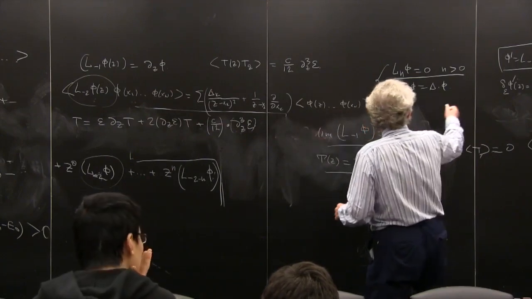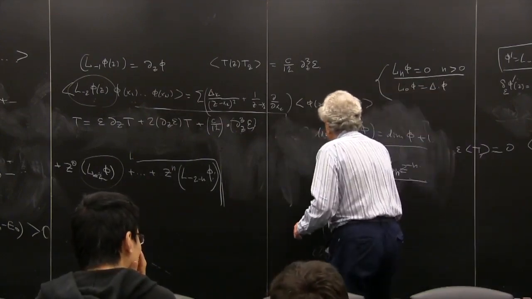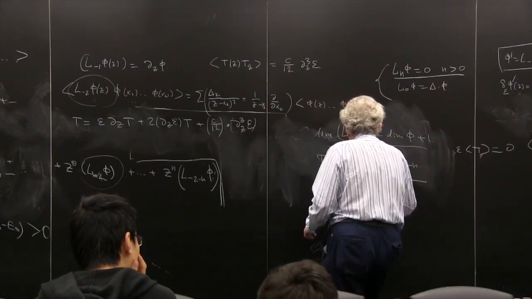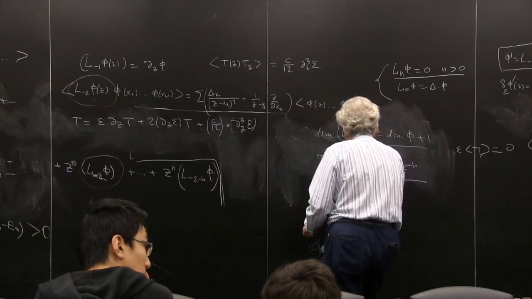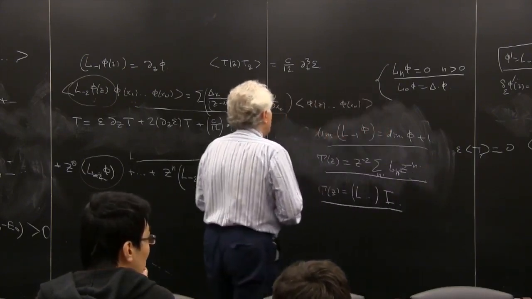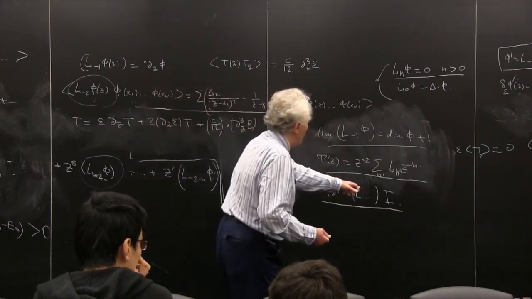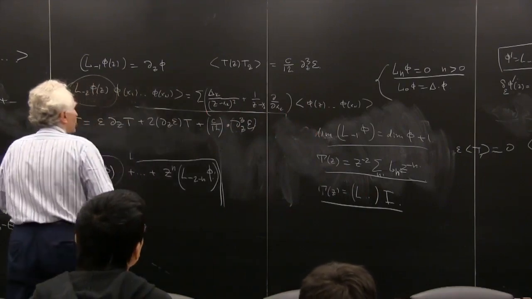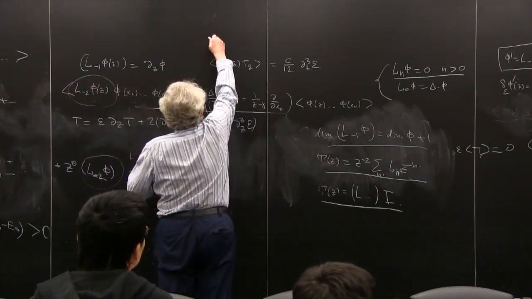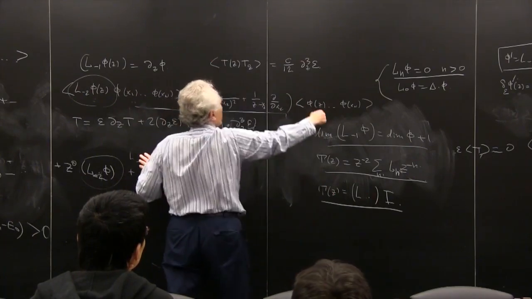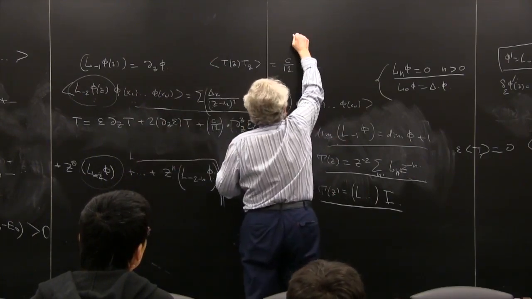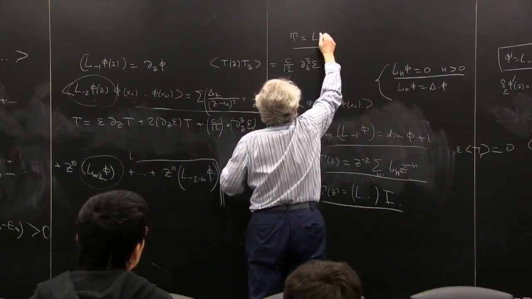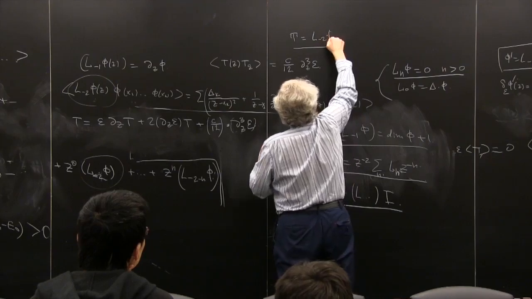Now we want to actually write down T of z as L something applied to the unit operator. You see, the unit operator has dimension 0, T of z has dimension 2. So the only relation of this type you can write is that T is L minus 2 applied to the unit operator.